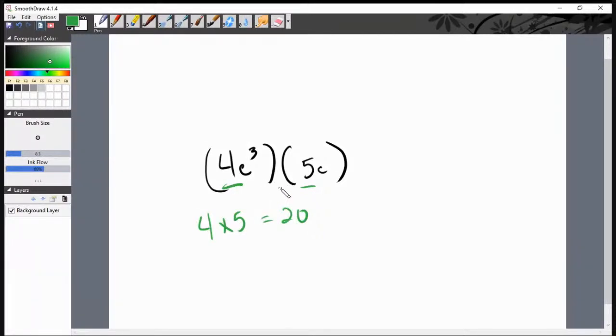Now remember, and this is easily forgotten, that the c here has an unstated exponent of 1. So it's 3 plus 1, which would be 4. So our answer is then 20c to the power of 4. Does everybody understand that?